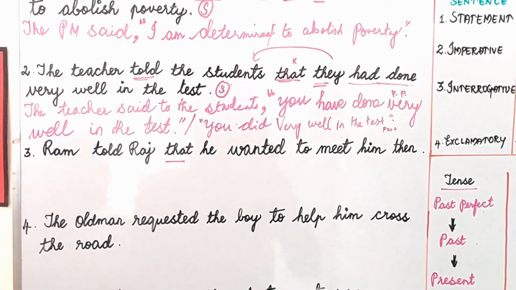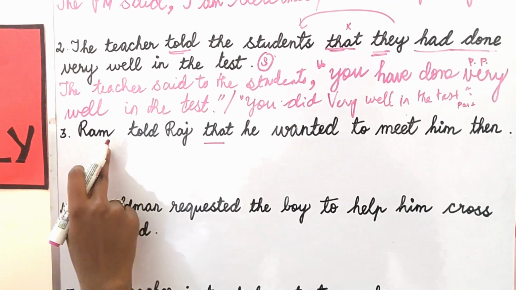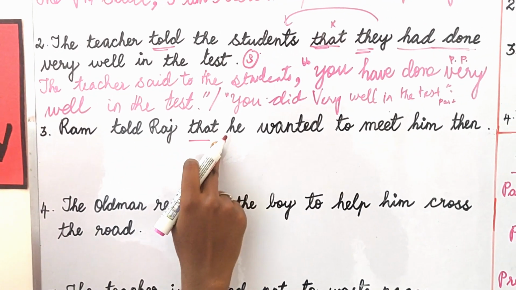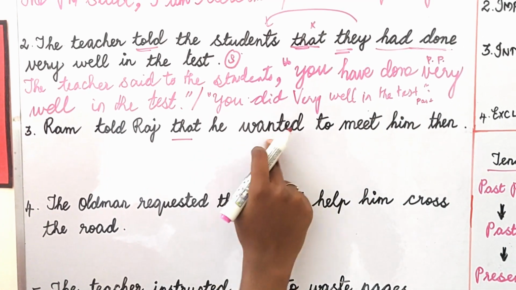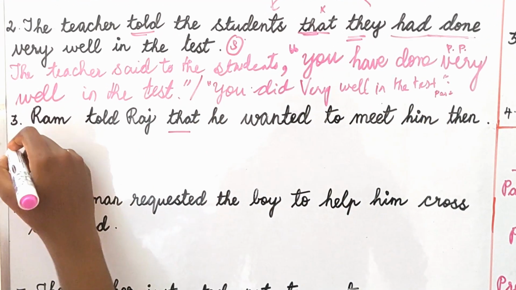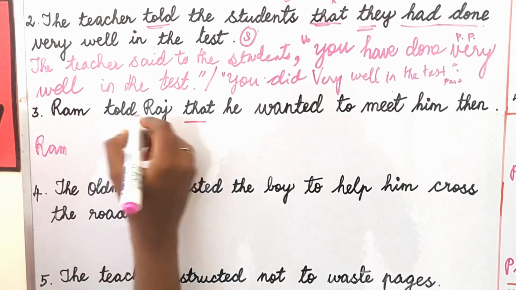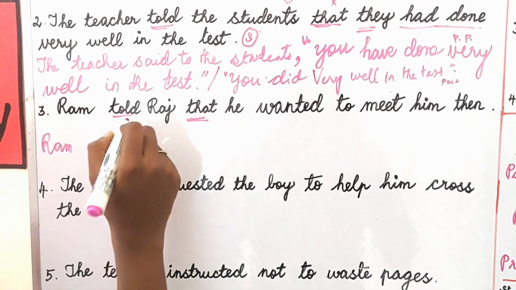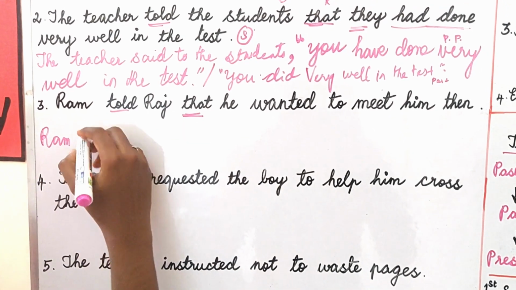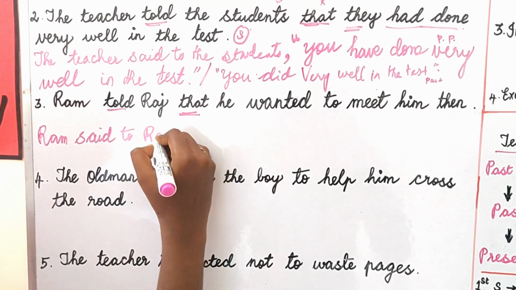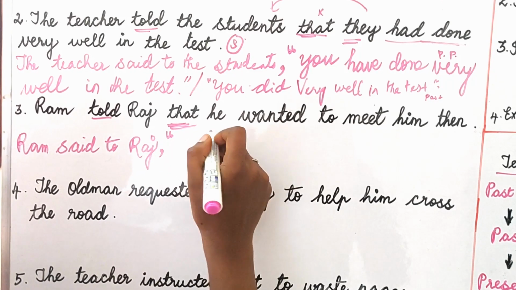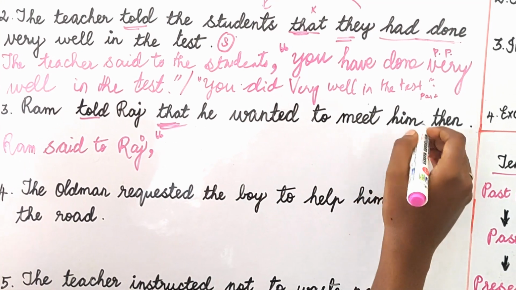Okay. The next sentence is: Ram told Raj that he wanted to meet him then. He wanted to meet him then. So with Ram and told we have identified it is a statement. So Ram said to Raj, instead of that, then see, he wanted to meet him then.